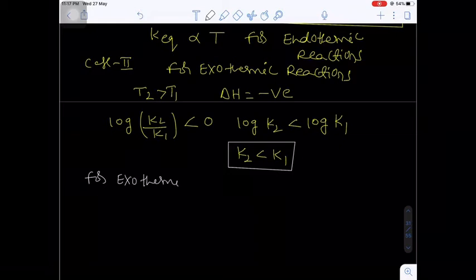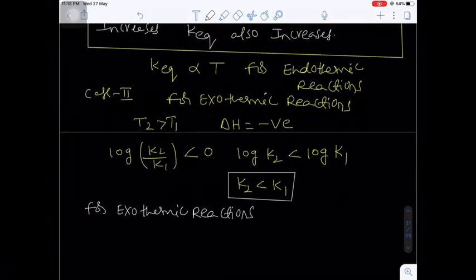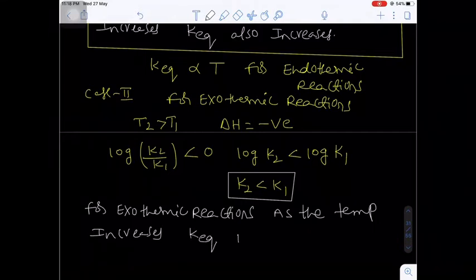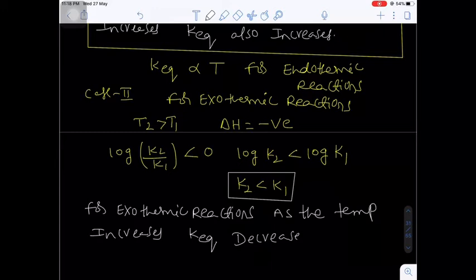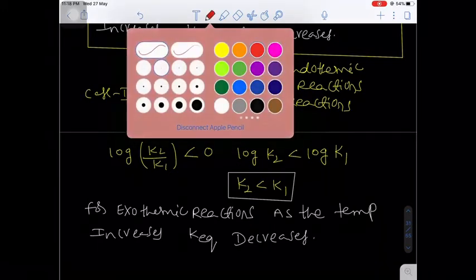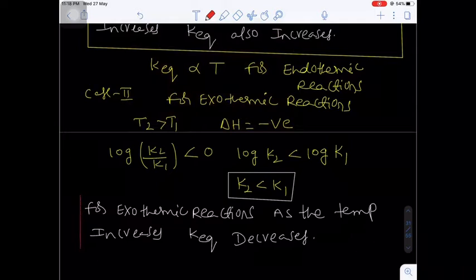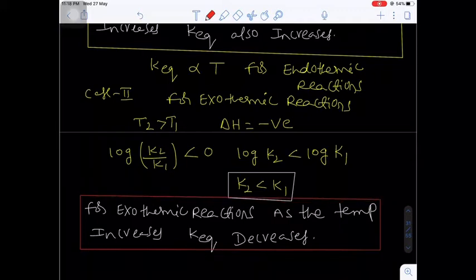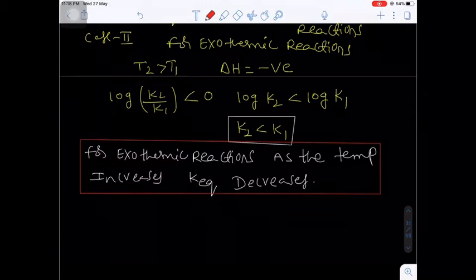For exothermic reactions, as the temperature increases, equilibrium constant, what happens? Decreases. This is an important statement. In exothermic reactions, as the temperature increases, then equilibrium constant, what happens?